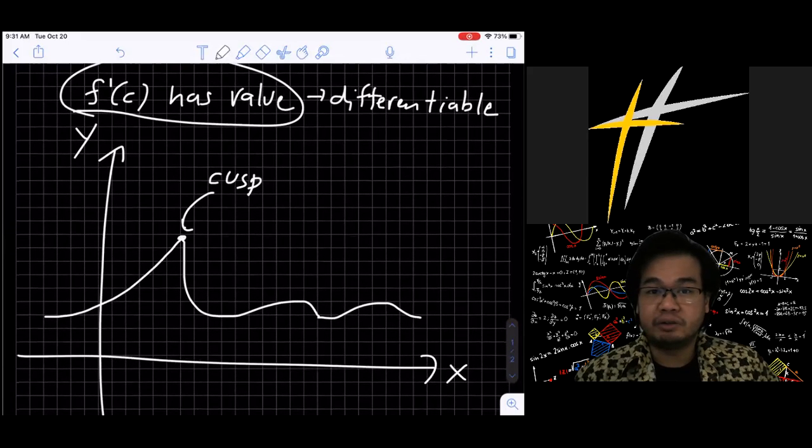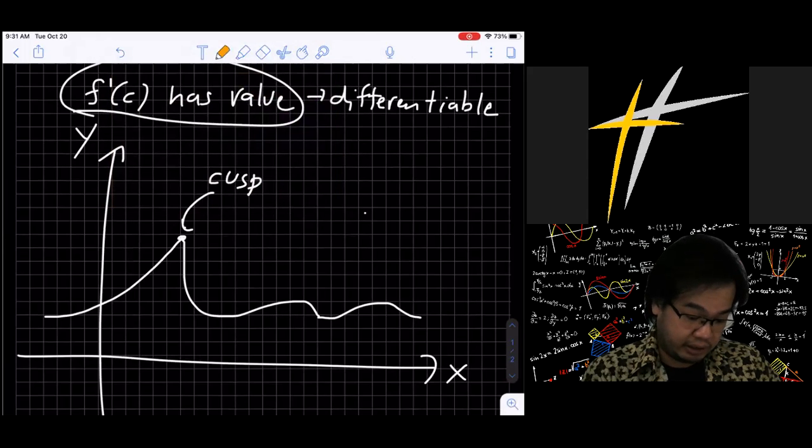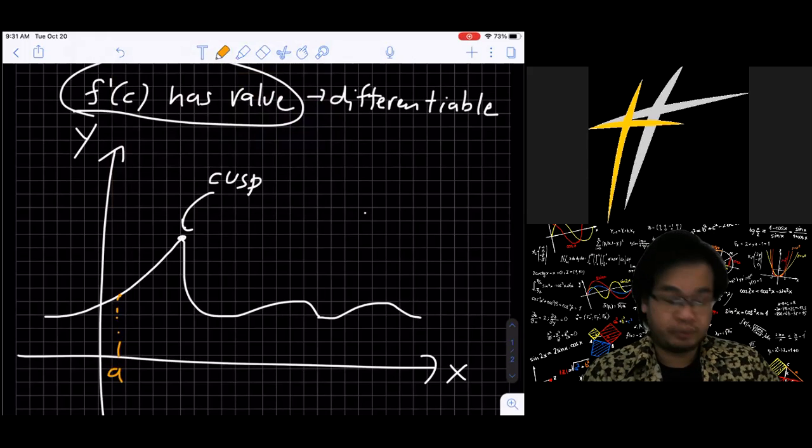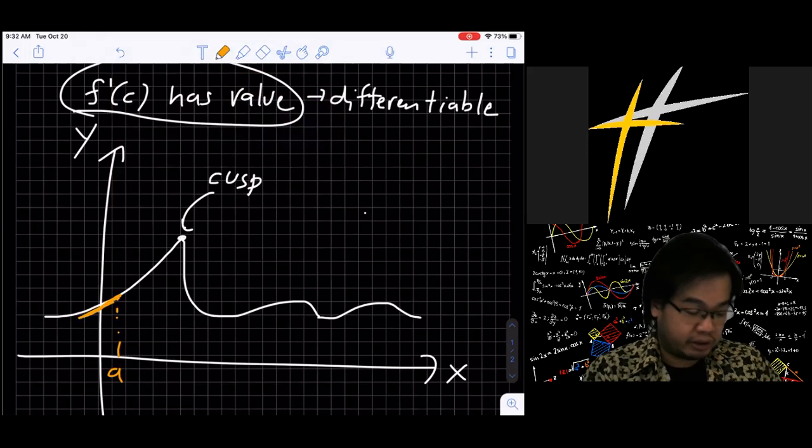So remember, the derivative is the slope of a tangent line. It means, let's say I want to use this point at x equals a, the slope of the tangent line when approaching from the left must be equal to the slope of the tangent line when approaching from the right.